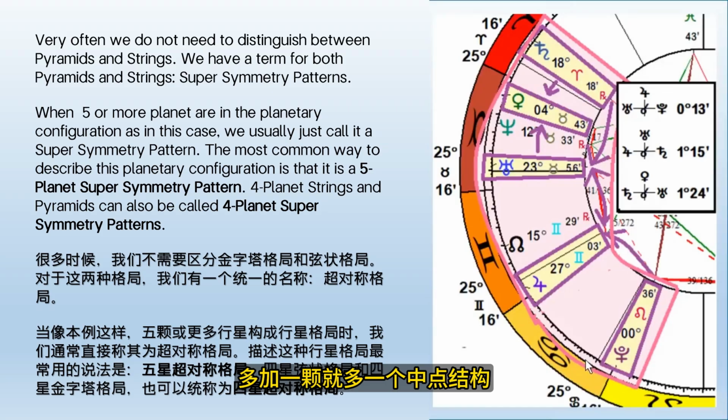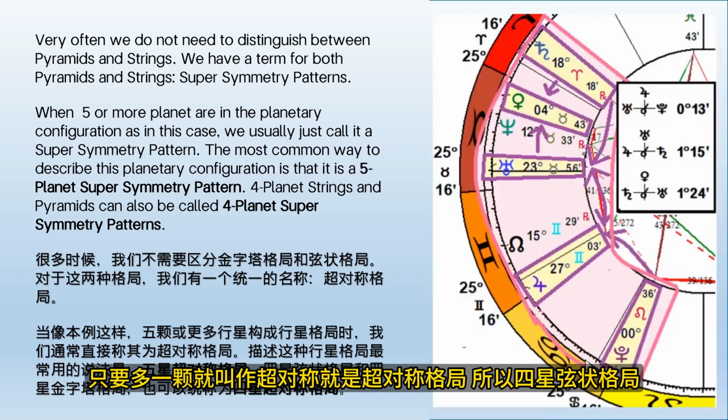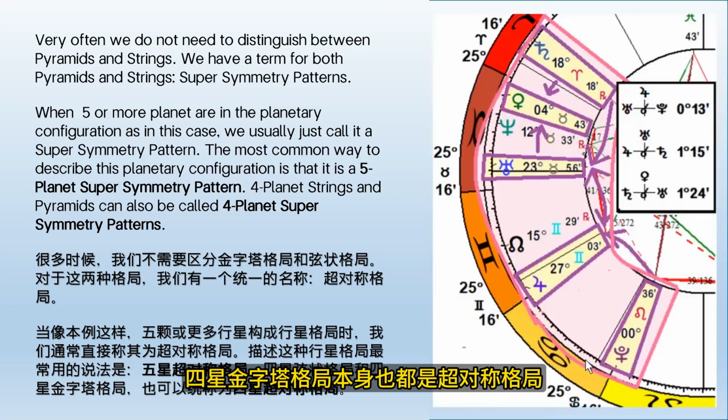You add one more planet, you get a midpoint structure. Add another planet, you get another midpoint structure. Once you add even one more planet, we call it supersymmetry. It's a supersymmetry pattern. So a 4-planet string, a pyramid, which consists of 4 planets, those are also supersymmetry patterns.